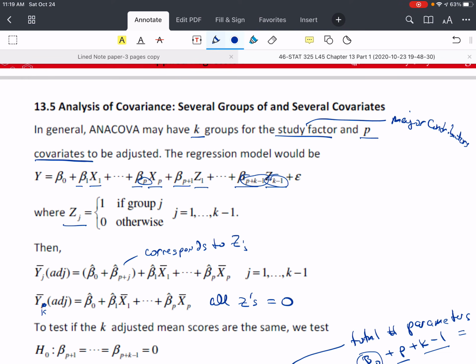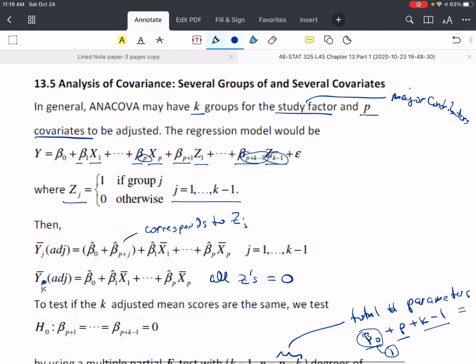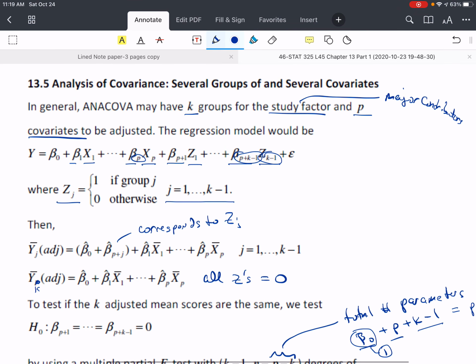And z sub j equals 1 if we're in group j, and 0 otherwise, where j goes from 1 to k minus 1. And then our adjusted y for group j is beta naught hat plus beta hat p plus j. This corresponds to z sub j, because z sub j would be some value between z1 up to z k minus 1.